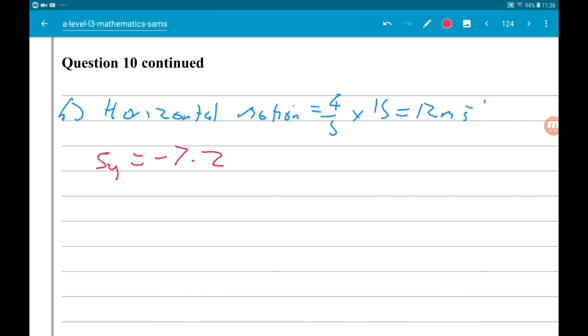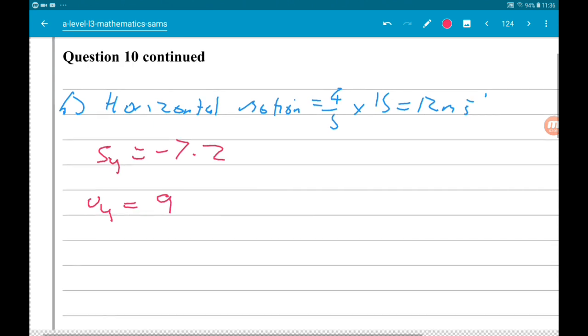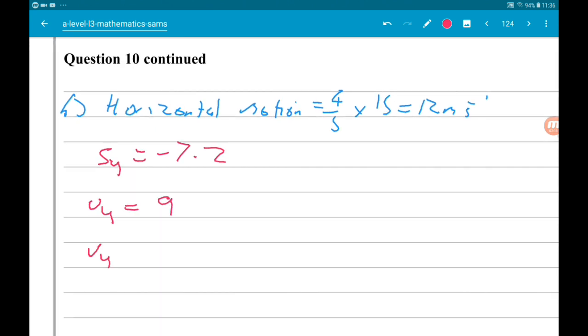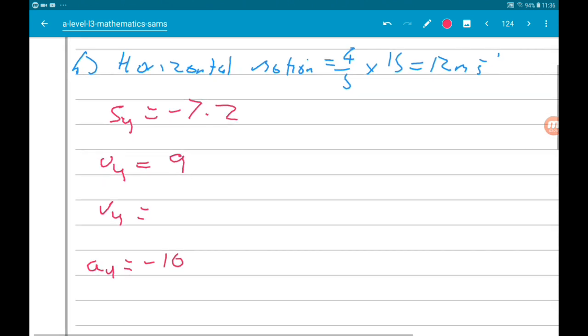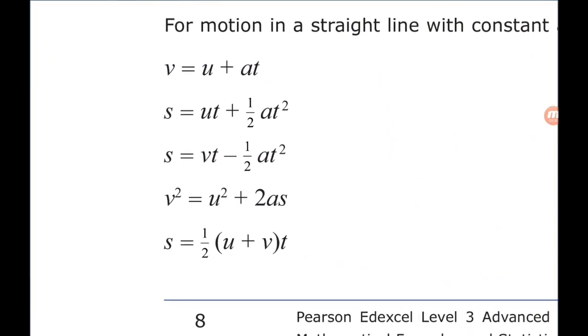Now again we can work out its initial vertical speed. It was 3/5 u, so that's 3/5 of 15, which is 9. Now v is what we need to find. A, again, is minus 10. And we don't know time. So, what can we use for that then?